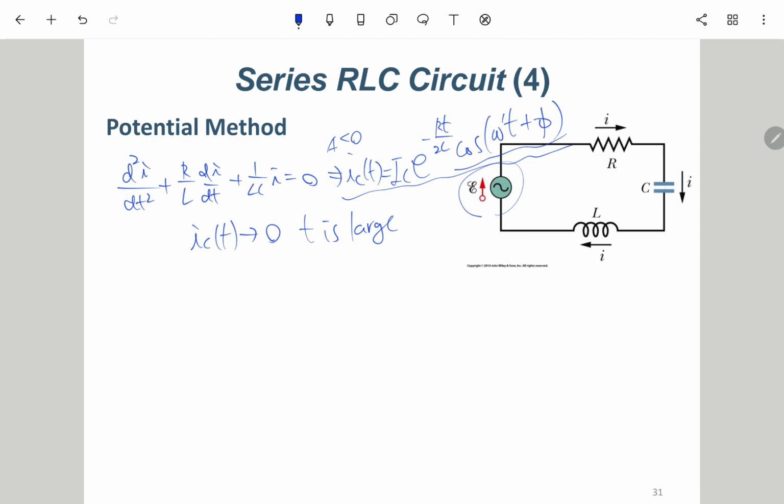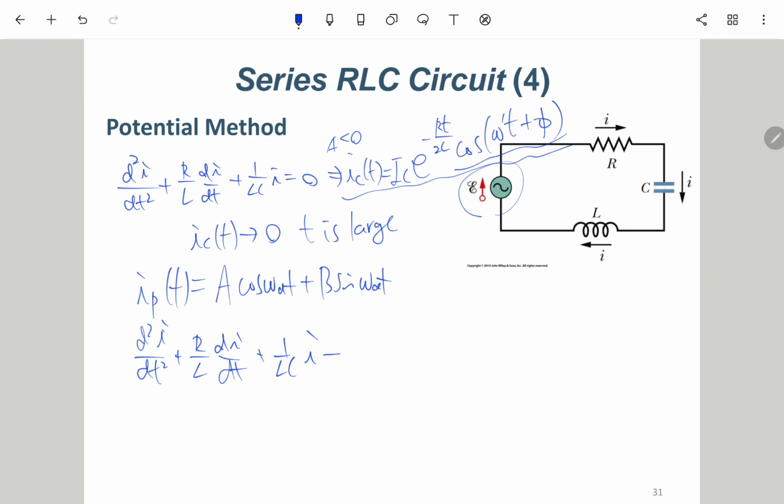So later on, you can just plug in I_P(t) as something like A cosine of omega dt plus B sine of omega dt into d2I dt2 plus R over L di dt plus 1 over LC I equals that G of t.